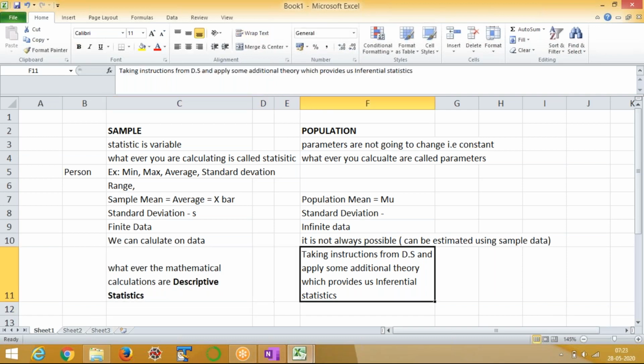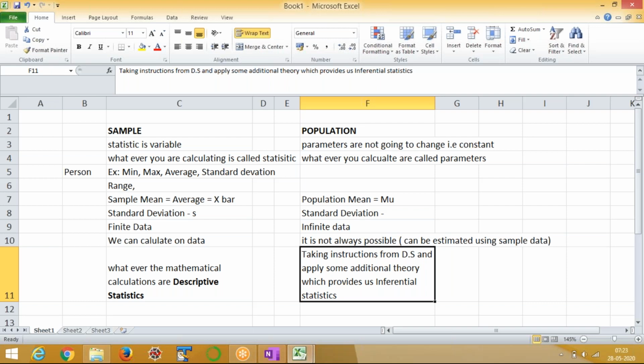What is this inferential statistics? Inferential statistics is like some extra layer that you are adding up. Let's imagine I am adding a theory. There is something called test of hypothesis, an additional theory, or else there is something called probability.